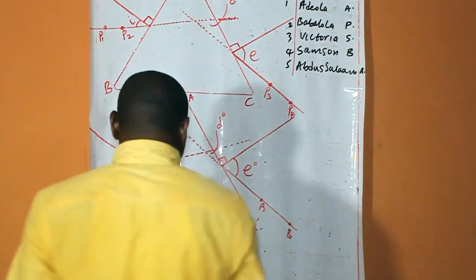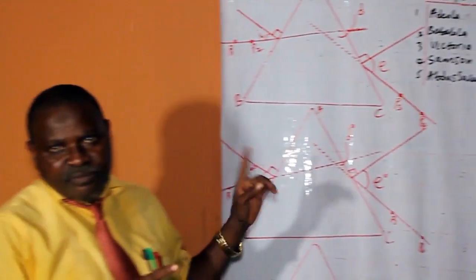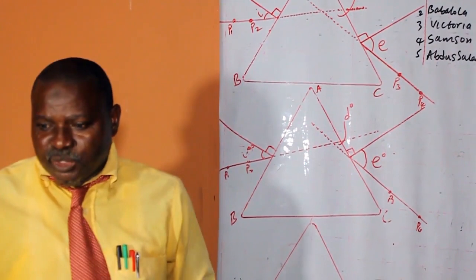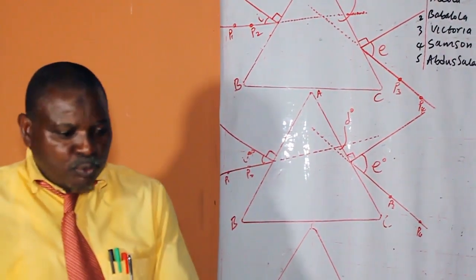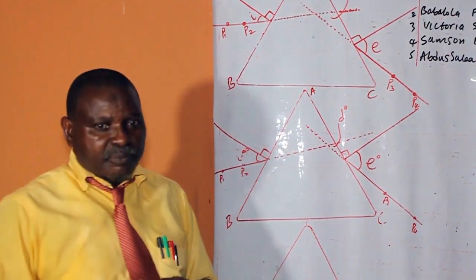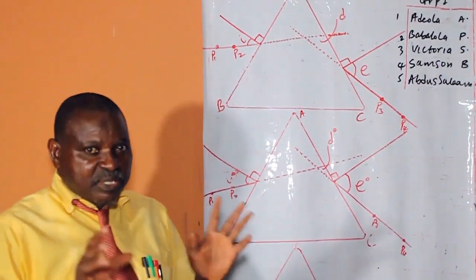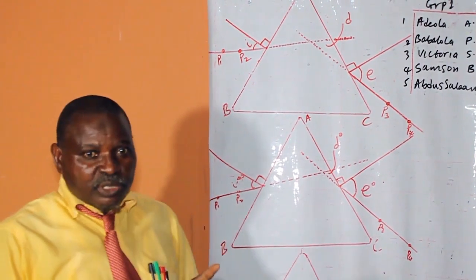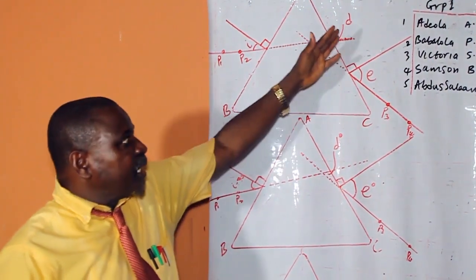Question comes up, so many students fail it. The reason is that majority of the students don't know how to draw this triangular prism, and they now group themselves together, and a single student will draw it, others will now write their names.